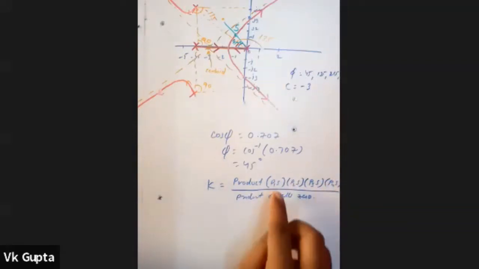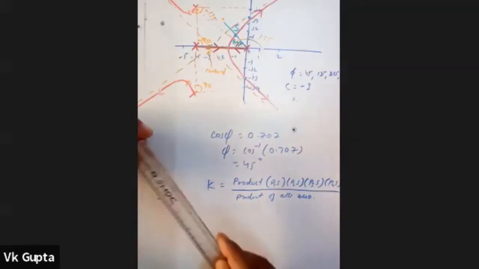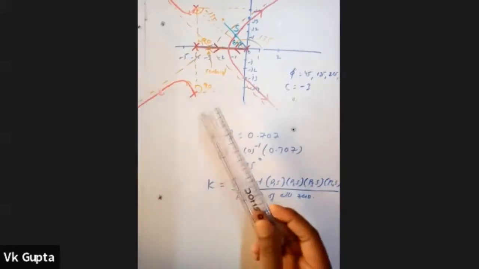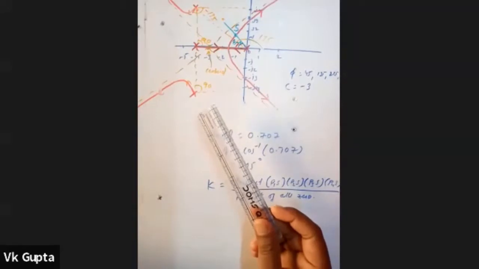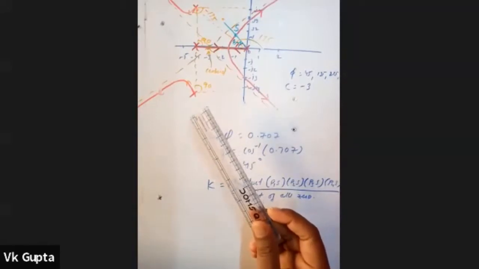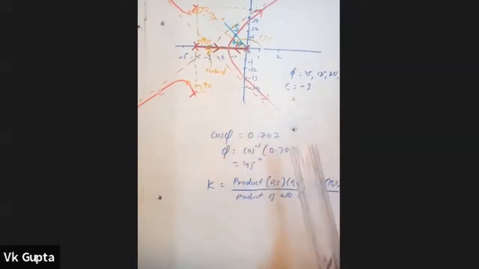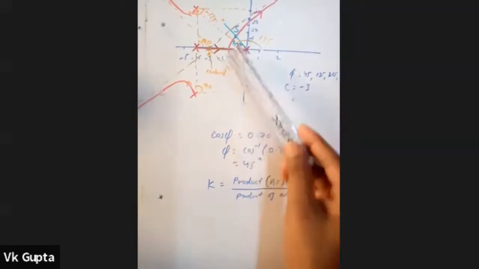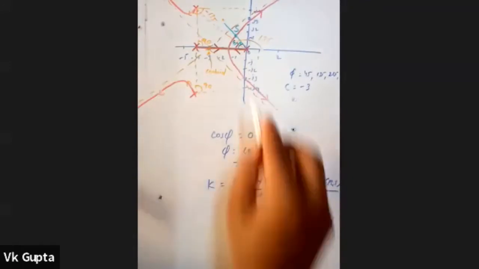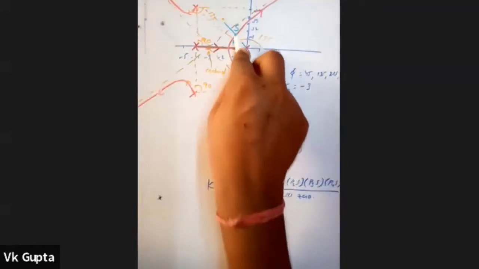Now, what is the meaning of the product of P1S? Take a scale and measure in centimeters the distance between P1 and S, pole 1 and S. What is S?